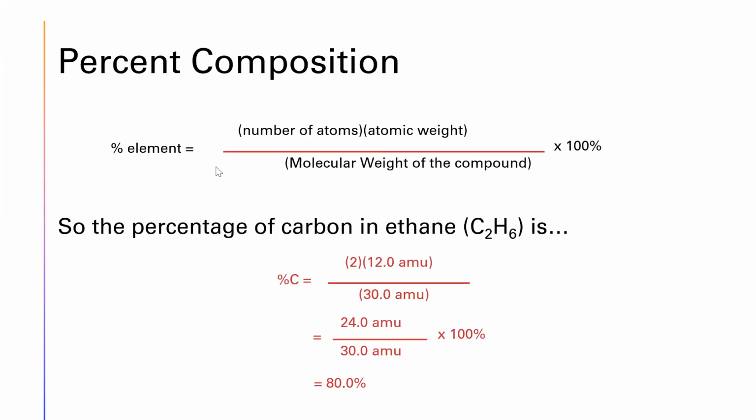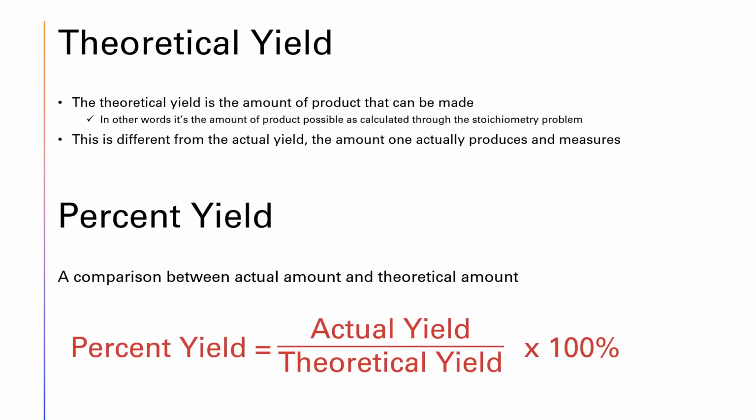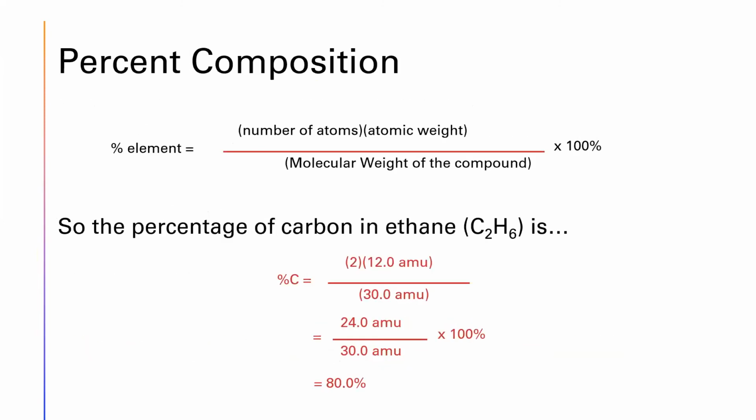And then this is the next metric, percent composition. The equation for percent composition is: percent element equals the number of atoms multiplied by atomic weight, divided by the molecular weight of the compound, multiplied by 100%.